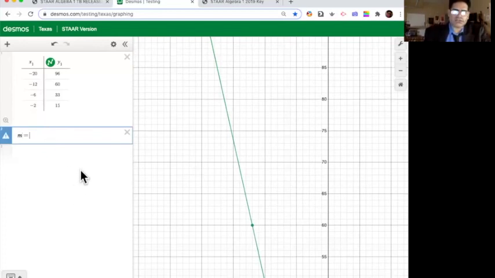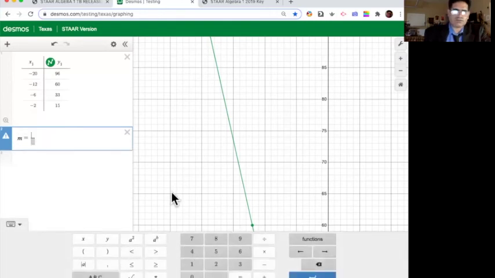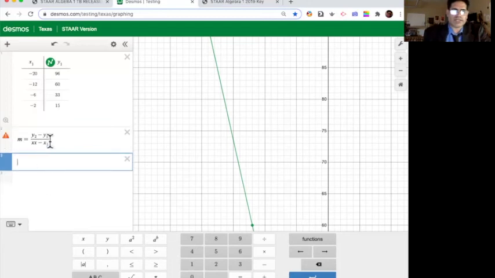M equals the change in Y over the change in X. Let's do Y2 minus Y1, I keep forgetting that, over X2 minus X1. Let's see what this gives me.